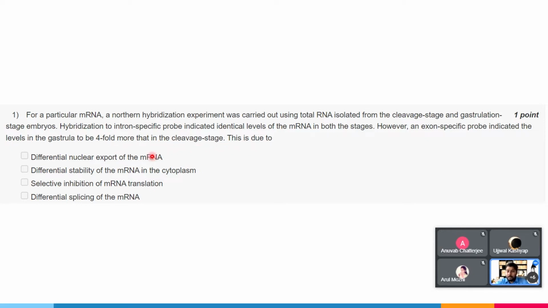This is due to: differential nuclear export of mRNA, differential stability of mRNA in the cytoplasm, selective inhibition of mRNA translation, and differential splicing of mRNA. So this is a multiple-select type of question, that is, there is more than one correct answer. I would encourage everyone to try and answer the question in the chat box, and then we will proceed.